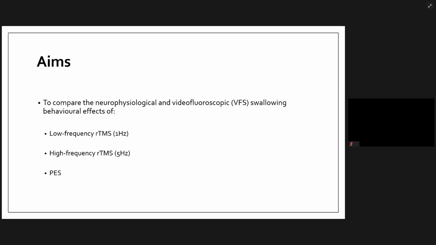High frequency RTMS, which is RTMS delivered over the pharyngeal motor cortical area at a frequency of 5 Hz, which studies have shown is excitatory, and pharyngeal electrical stimulation or PES, which is a peripheral excitatory method. And all these techniques were studied in people with Parkinson's disease associated dysphagia.